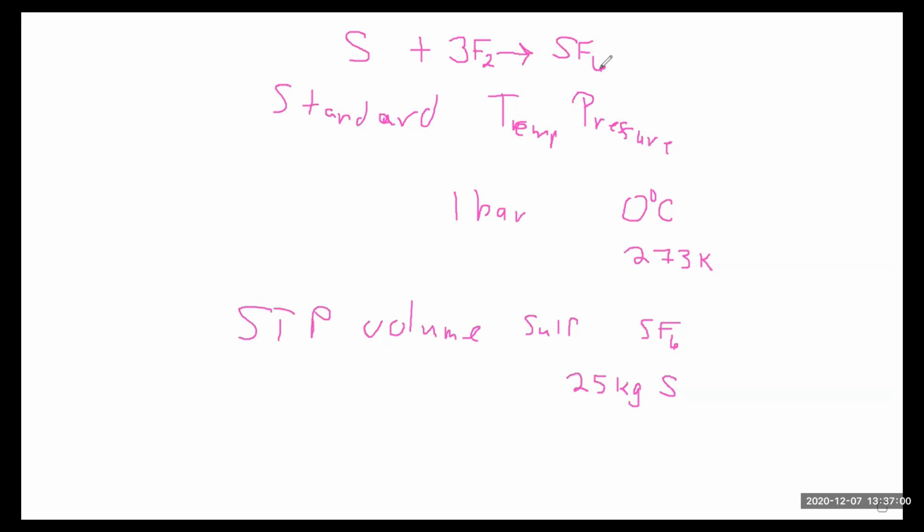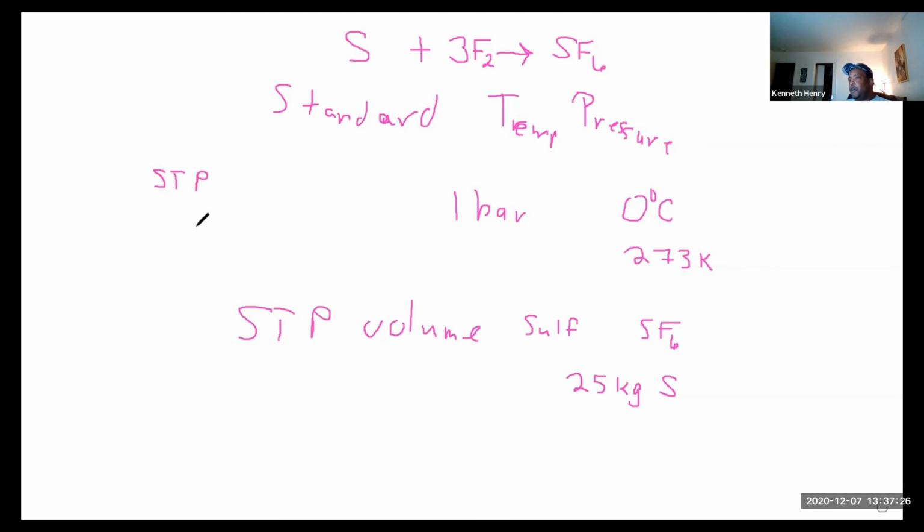Okay. And they want the STP volume. And so this is easy. So let's see. At STP, standard temperature and pressure, we have PV equals nRT.